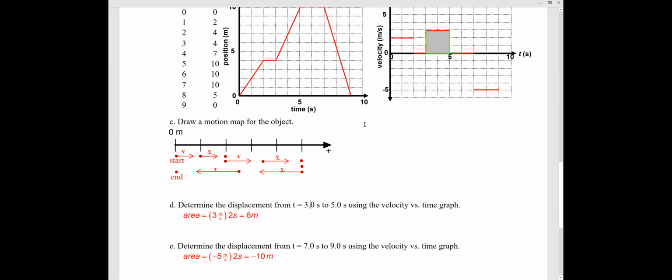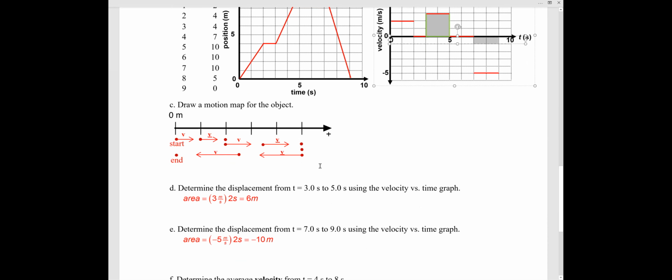And I forget who it was that mentioned this one, but they talked about the units being meters per second times second, which gives you meters, which is shown here in the work under part D. And then part E, I didn't draw a box on this one, but it's basically 2 wide, all the way down here. And I think it was Atticus talked about there's -5 here and -5 here. That's fine. Or you can just think about it as 2 wide and -5 tall, negative because it's going down.